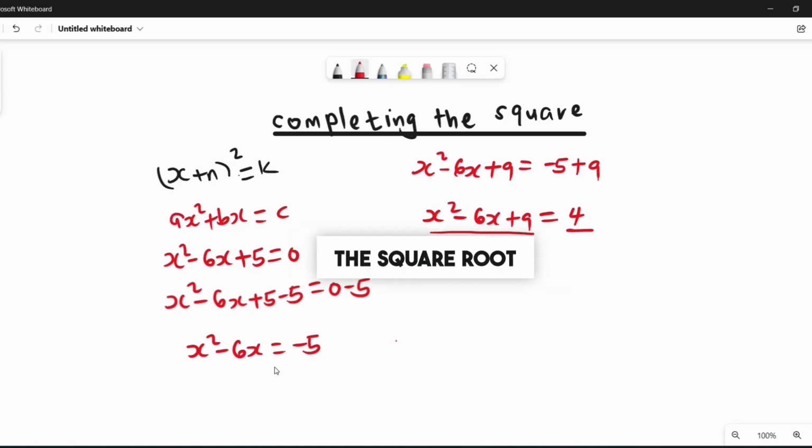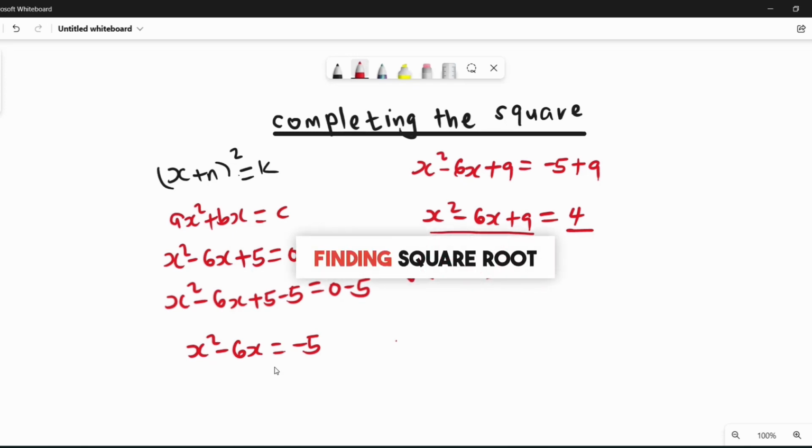Before we find the square root of the left-hand side, we factor it. If we factor x² - 6x + 9, the result is (x - 3)², a perfect square. This is equal to 4.